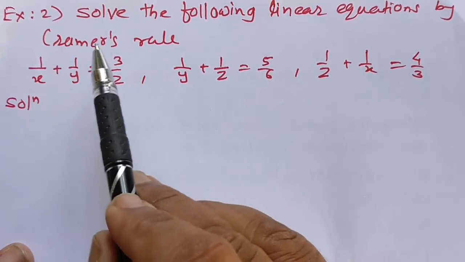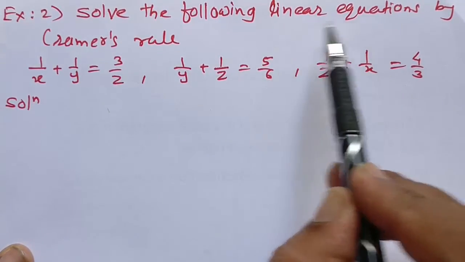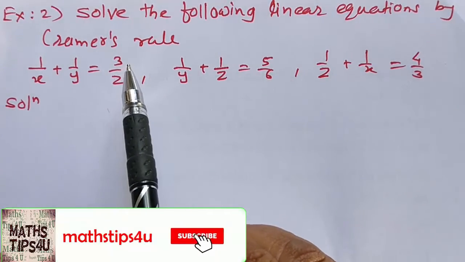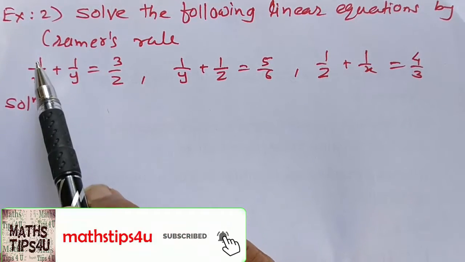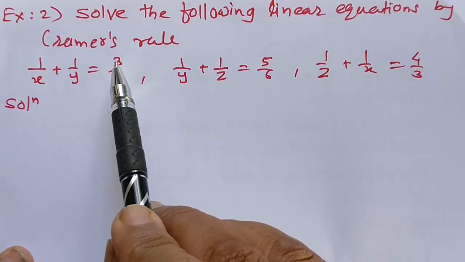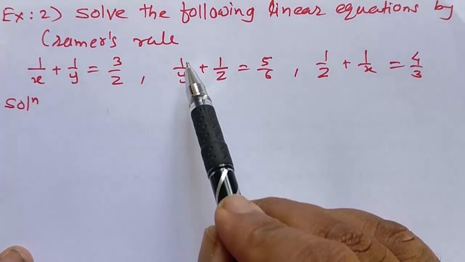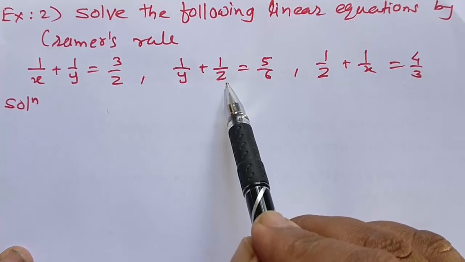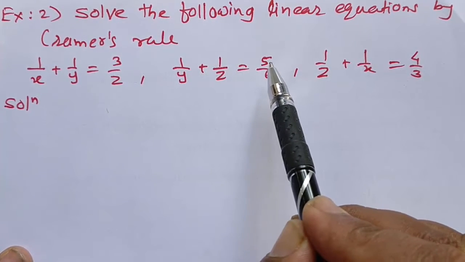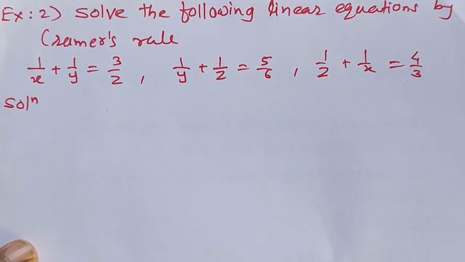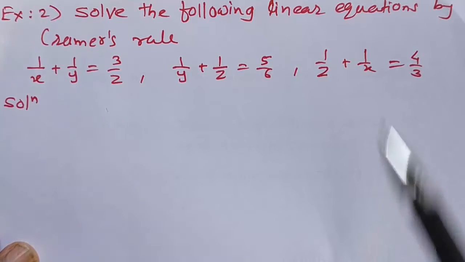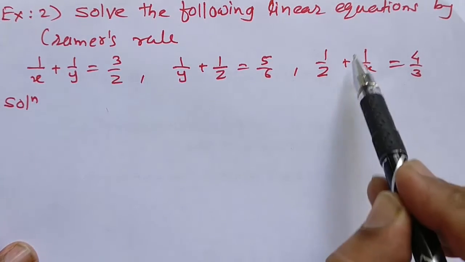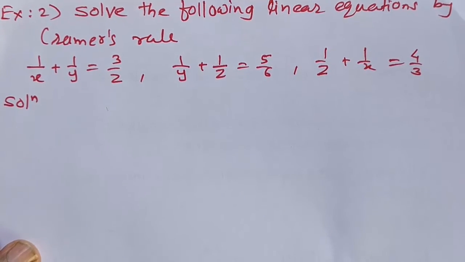Example number 2. Solve the following linear equations by Cramer's rule. It is bit complicated. 1 upon x plus 1 upon y is equal to 3 by 2. 1 upon y plus 1 upon z is equal to 5 by 6. 1 upon z plus 1 upon x is 4 by 3.